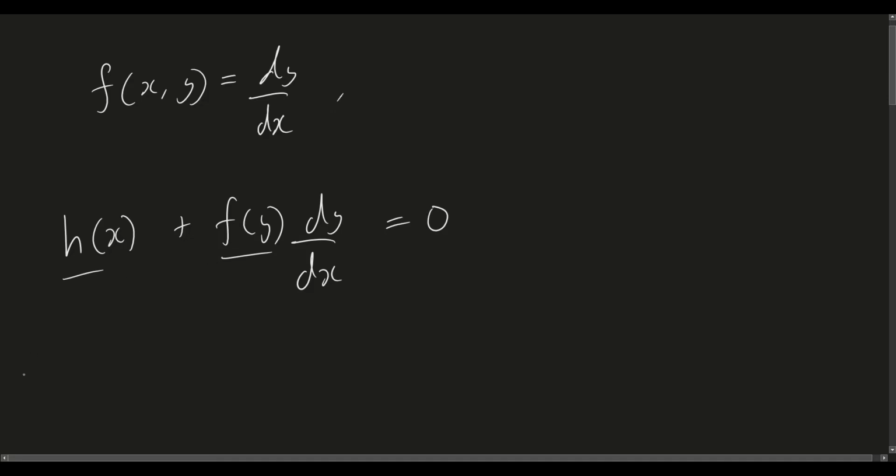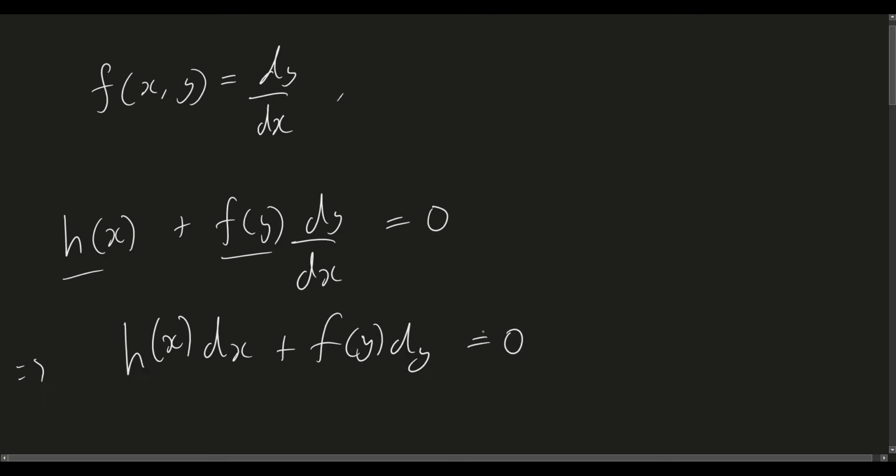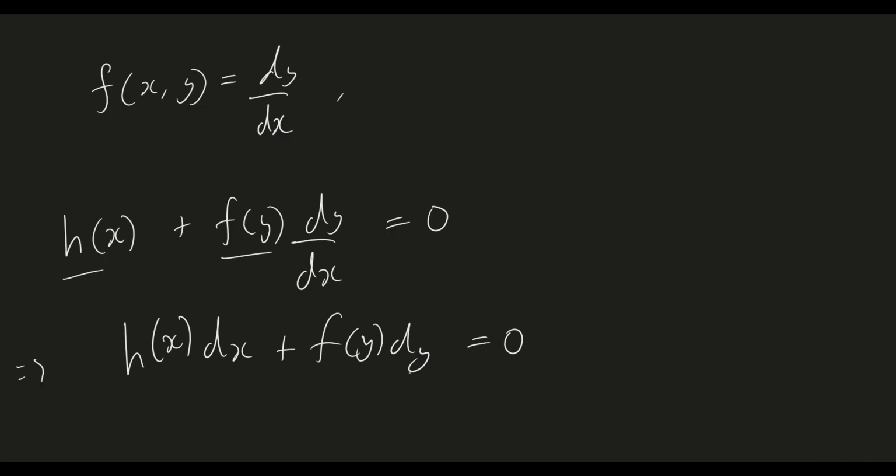And this can then be rewritten as simply h of x dx plus f of y dy equal to 0. And as soon as we have our problem in this form, that's when we can get right into the business end of the method of separation of variables.